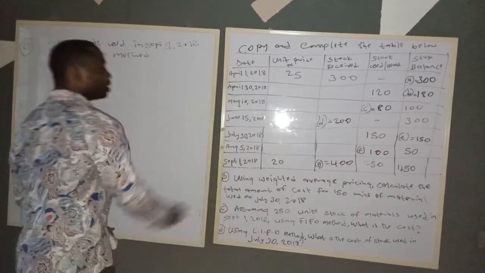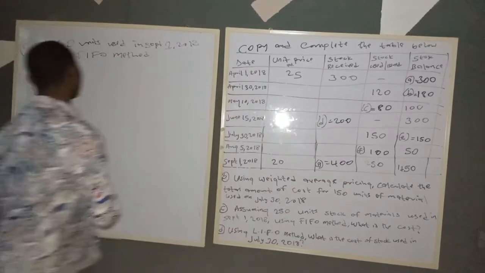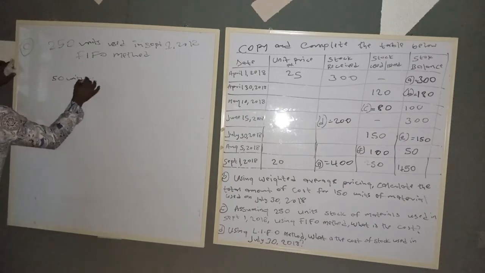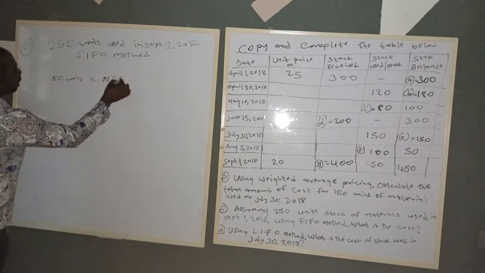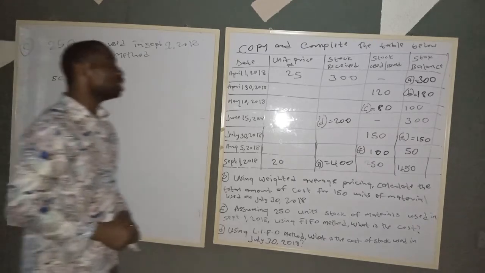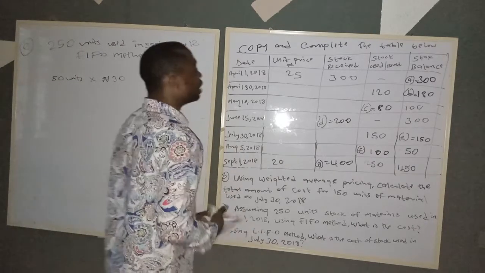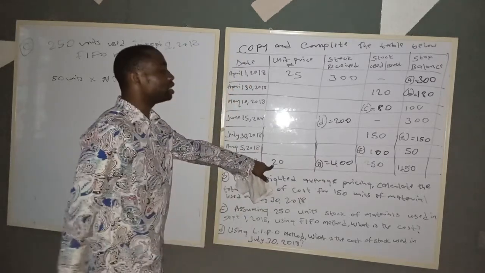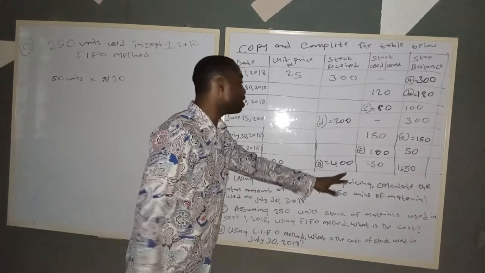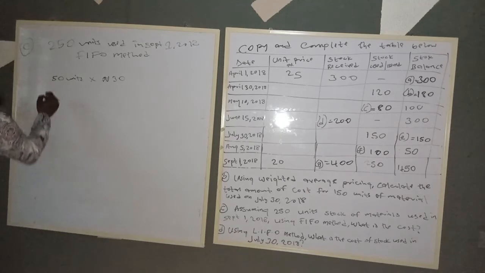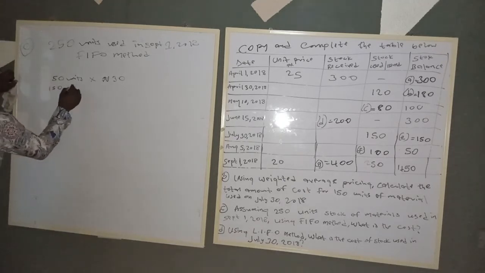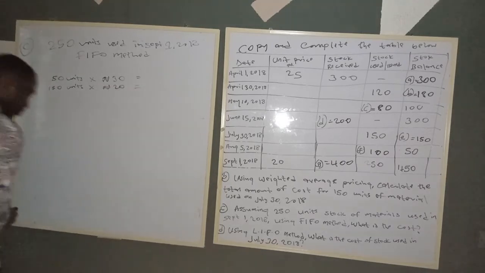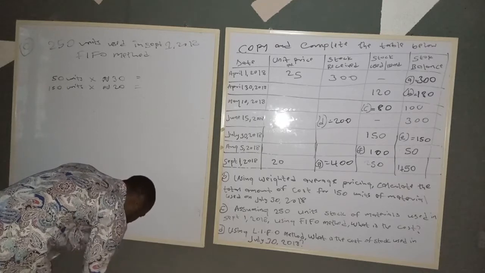That 50 remaining came with the price of 30 naira, so it will be 50 units times 30 naira. There is still remaining 150 units. Since the first one has finished, you can now use the remaining from the last one, which is from this 400 that came with 20 naira per unit. So the remaining 150 units times 20 naira. What do we get here?